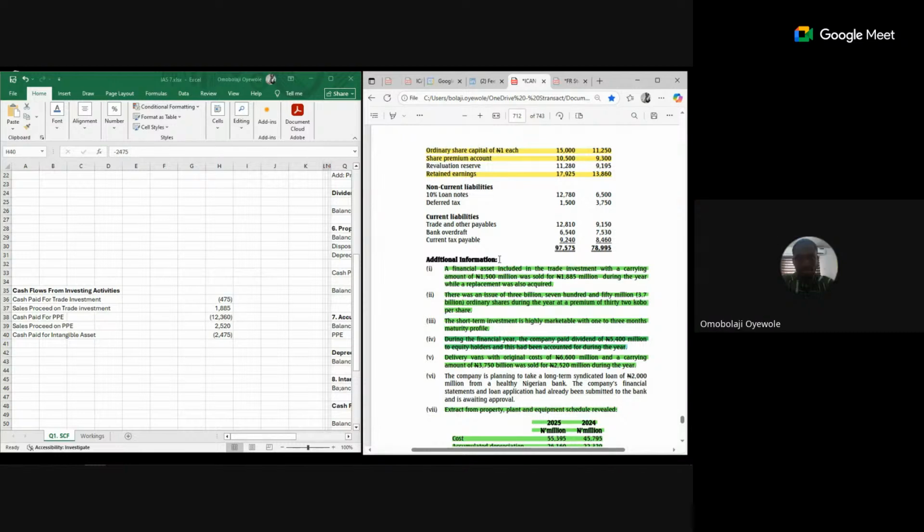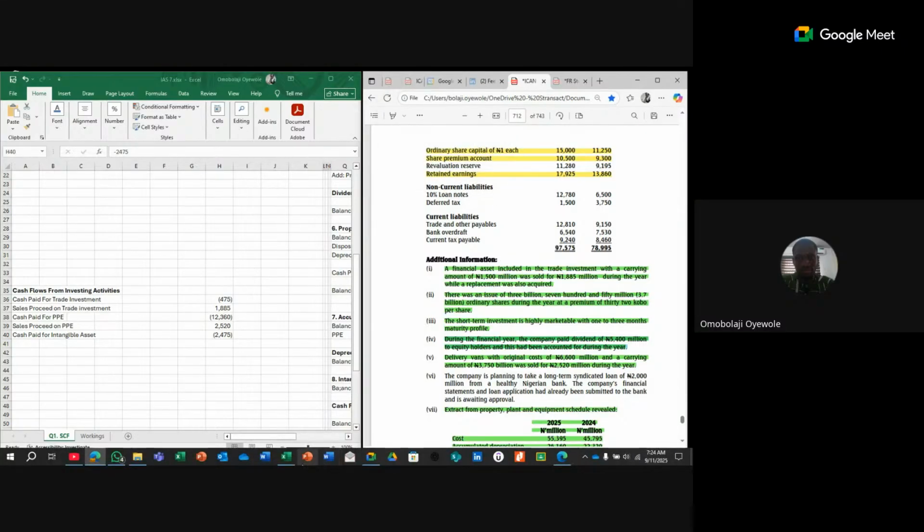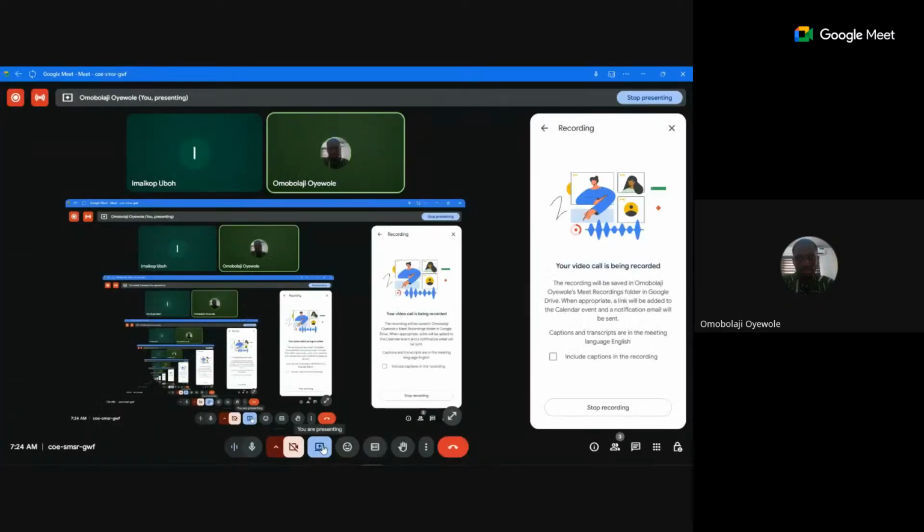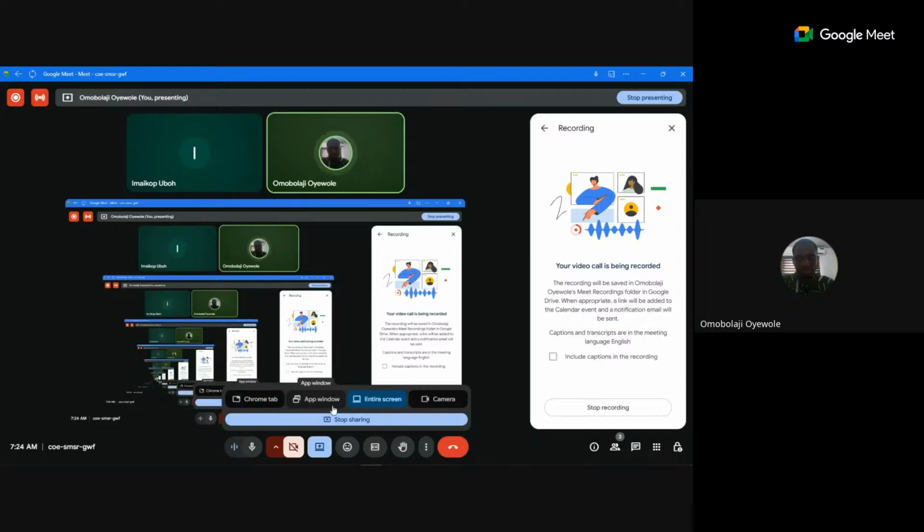The financial statement and loan application have already been submitted to the bank and are awaiting approval. Now let's check our loan.